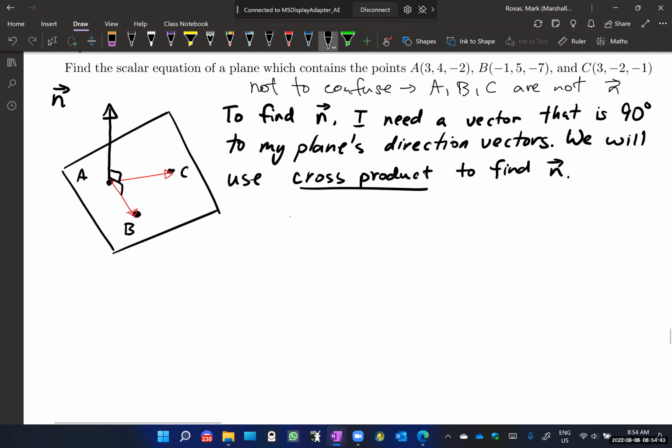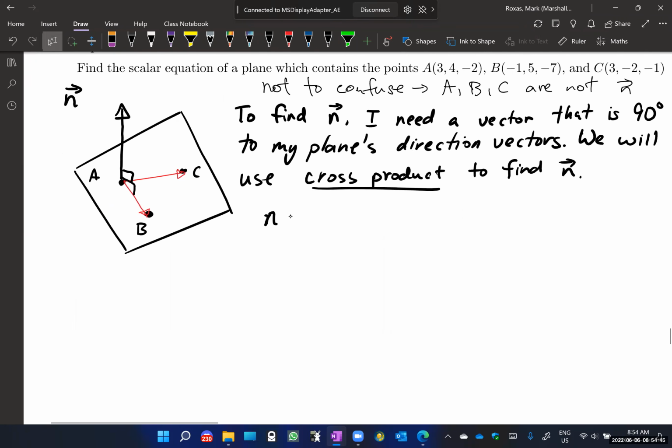So I'm going to say here n, the normal vector n, is the cross product between, let's call these vectors, AB crossed with AC. Okay. And so I need AB and AC.